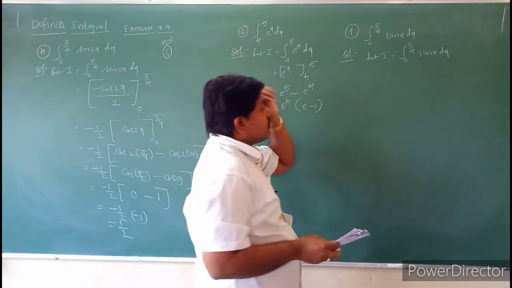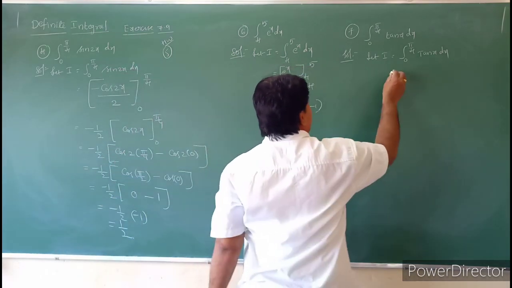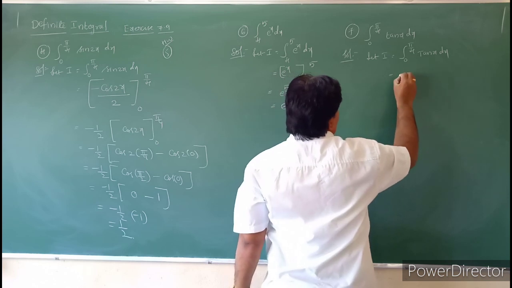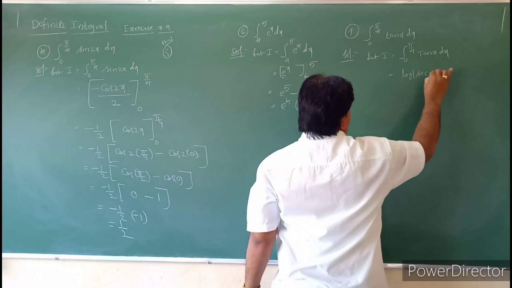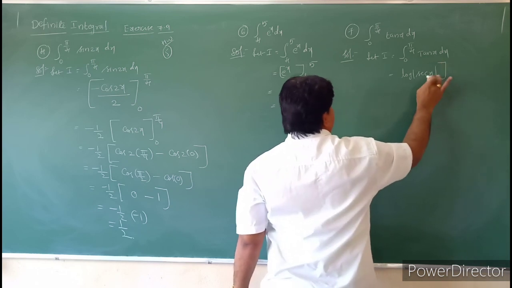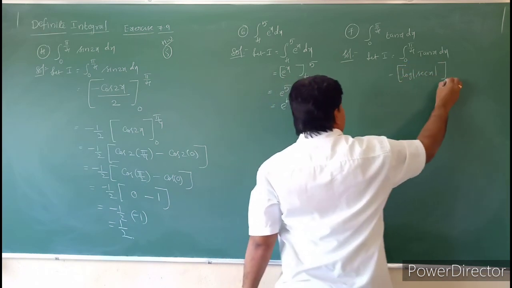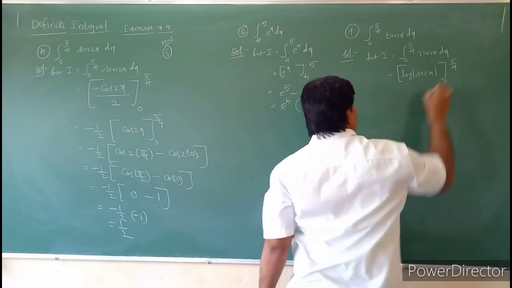So what happens, students? Integral of tan x. What is the integral of tan x? Anyone can tell that? So that is log mod secant x over the limits 0 to pi by 4.